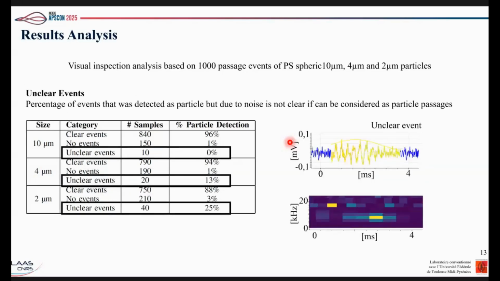Finally, we have another category: sometimes in our signals we have unclear events. We are not completely sure if the modulation is related to one particle or not. So we also explore the performance of our algorithm here, because maybe it can be a misclassification of the particle, or indeed there is nothing there.